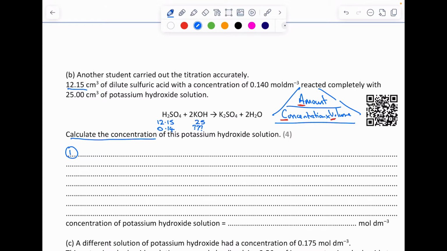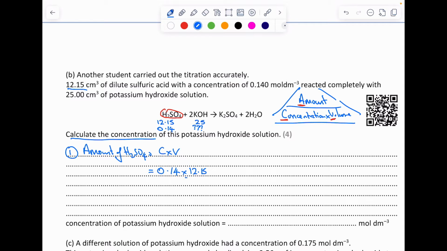So the first thing to do is we start with the chemical that we know 2 things about, which is the sulfuric acid. And what I need to do first of all is work out the amount of the sulfuric acid that has actually reacted. So using a triangle, amount is concentration times the volume. So I'm going to put C times V. The concentration is 0.14, and we're going to times that by 12.15.